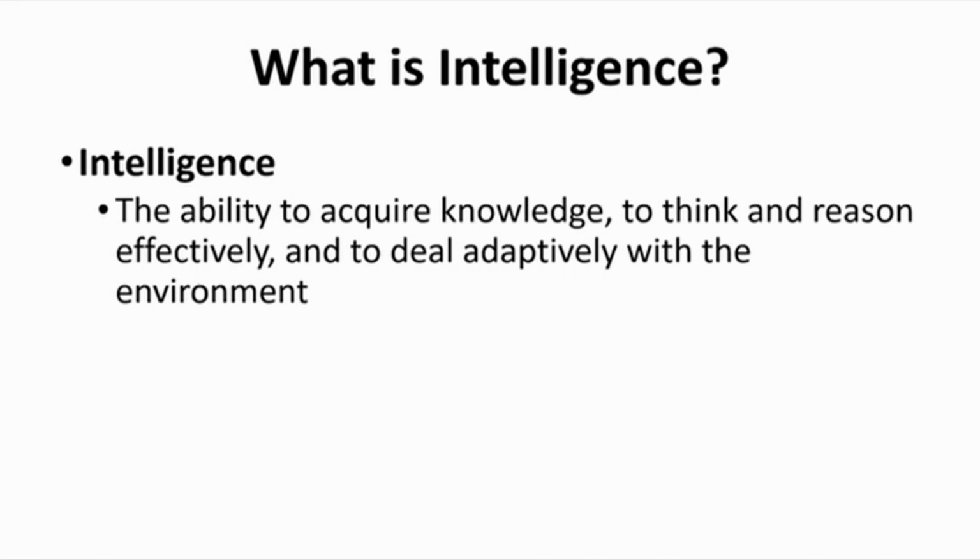As we talk through this chapter, we're going to start realizing that there are a lot of different ways to define intelligence. And in particular, there are a lot of cultural differences in how we view intelligence. For example, in Western cultures, intelligence could just be seen as good mental skills. But more broadly, others might start bringing in the idea of a good ability to respond adaptively to your environment.